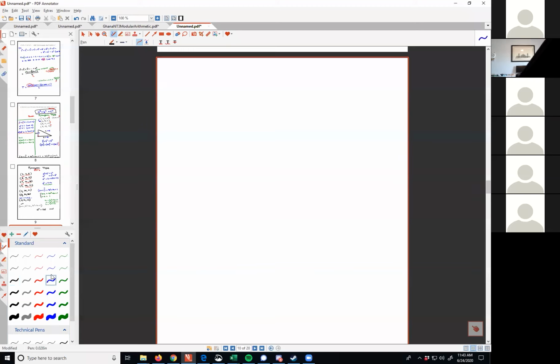So if I take a number n and I write it as the sum of base 10 digits, then we examine this modulo 5, for instance. What is this number modulo 5?